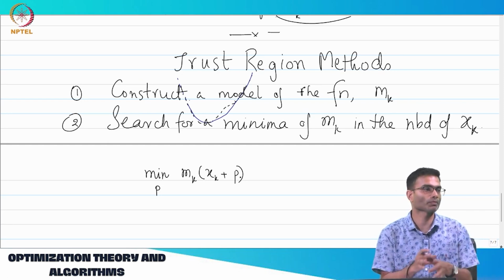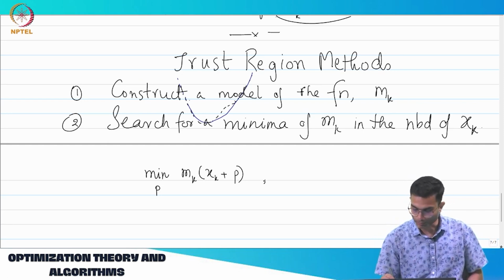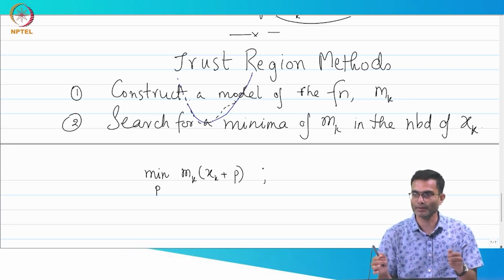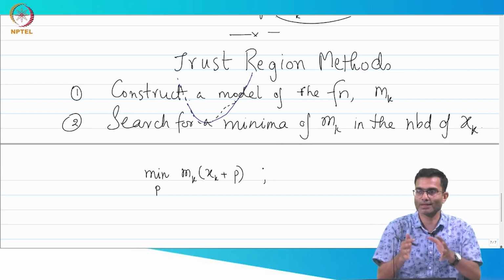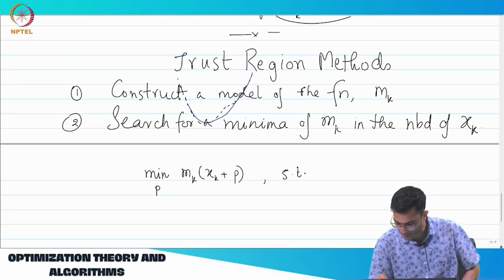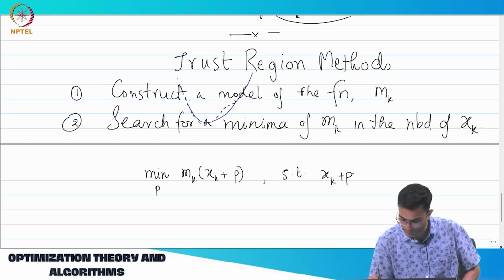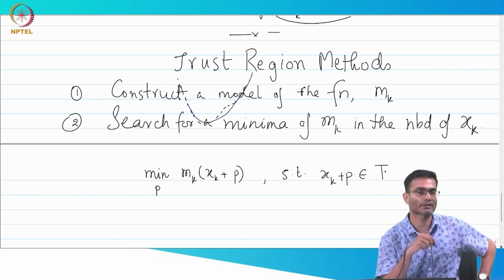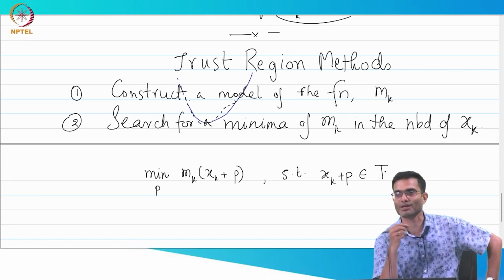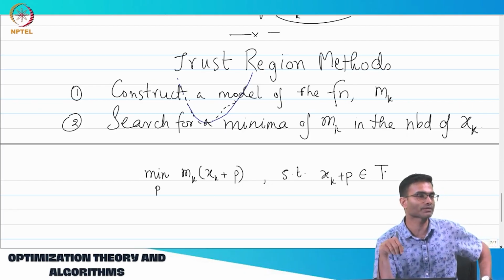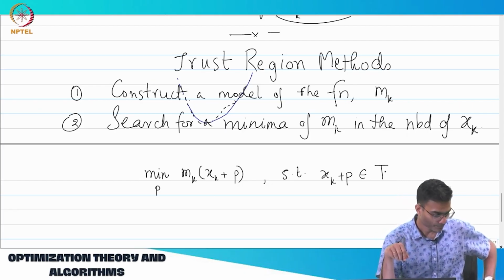It could be any p, but if I don't put any constraints on this, I'll be in trouble because this model is accurate only near xk. So what I will do is such that xk plus p belongs to some trust region T. That's where the word trust region comes from. Trust means I trust the model in that region and I hunt for p's in that region.